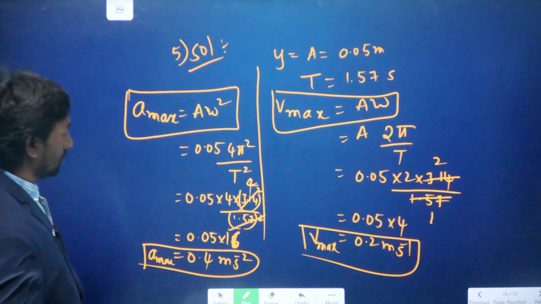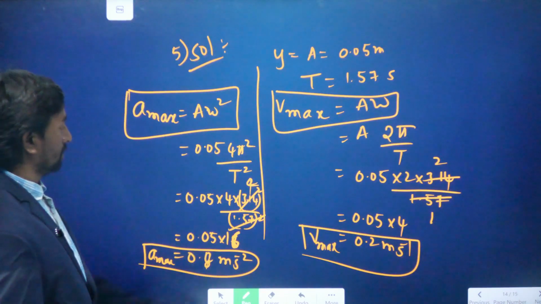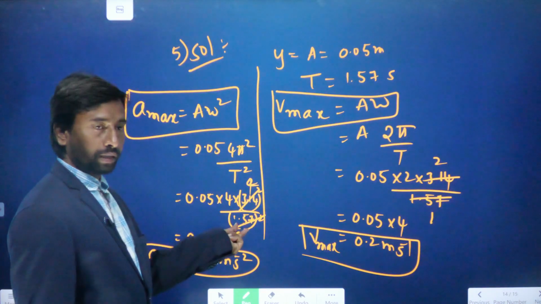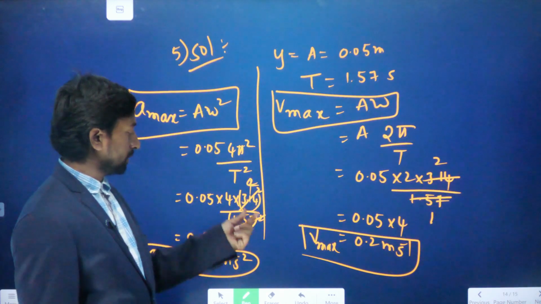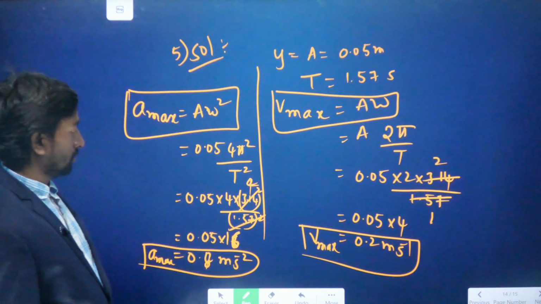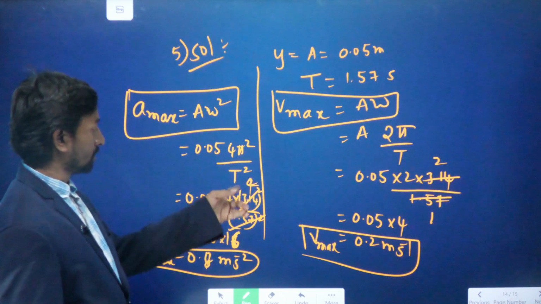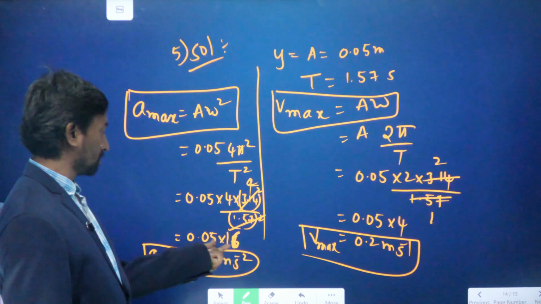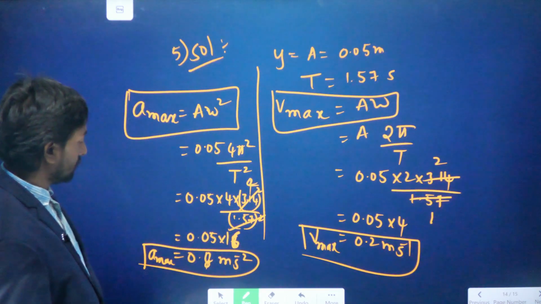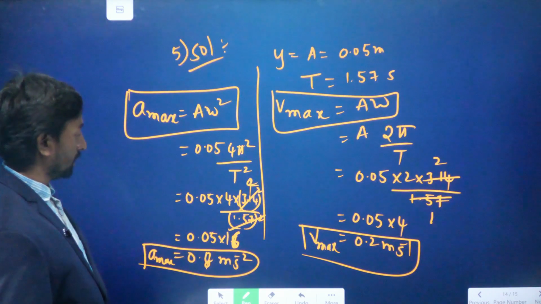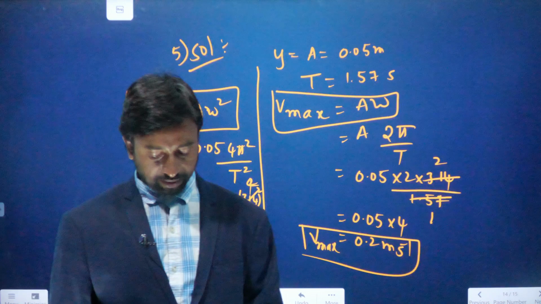Not 0.4, it is 0.8, because 3.14 divided by 1.57 gives 2 again, and 2 whole square is nothing but 4. 4 into 4 is 16. 16 into 0.05: 5 times 16 is 80, divided by 100 means 0.8 will come there. So 0.8 will be the answer.